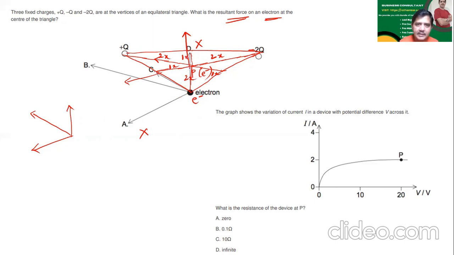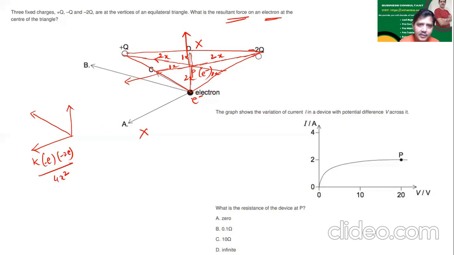So therefore, the force due to the minus 2q in this direction would be equal to K E minus 2E divided by 4x squared, along this direction.